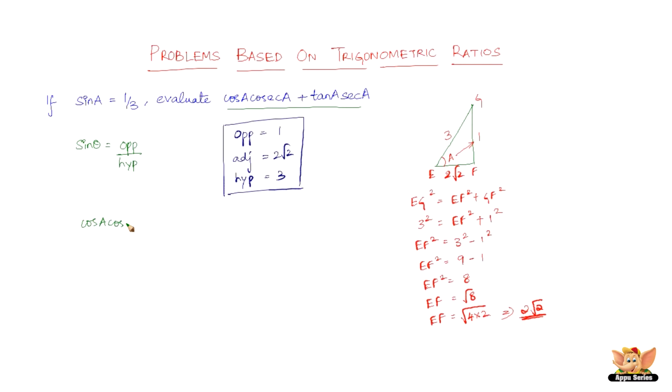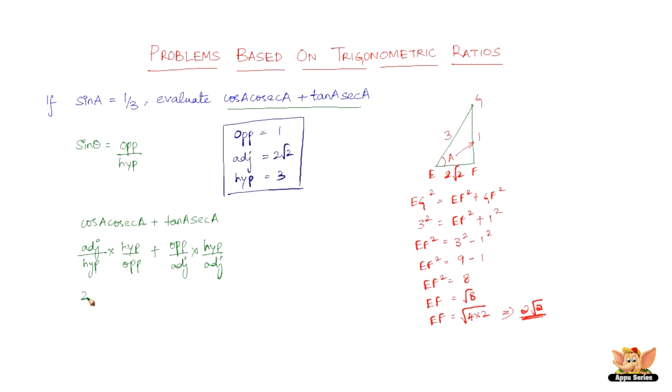Say we have cos A cosecant A plus tan A secant A. So cos A is nothing but adjacent by hypotenuse, into cosecant A, which is the inverse of sine, so that is hypotenuse by opposite, plus tan A is opposite by adjacent, multiplied by secant A, which is the inverse of cosine, so that is hypotenuse by adjacent.